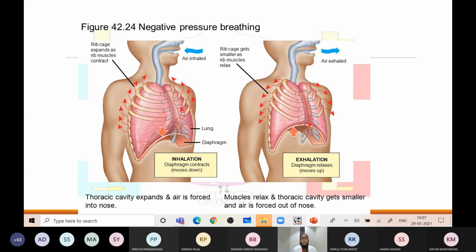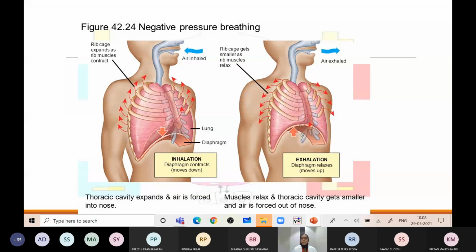So you already know the mechanics of breathing. What all things will happen during inhalation and what all things will happen during exhalation. These are my very preliminary classes, isn't it? In inhalation, the diaphragm will contract and inspiratory muscles will contract, the rib cage will expand and air enters into the lungs. Whereas in exhalation, the diaphragm relaxes.